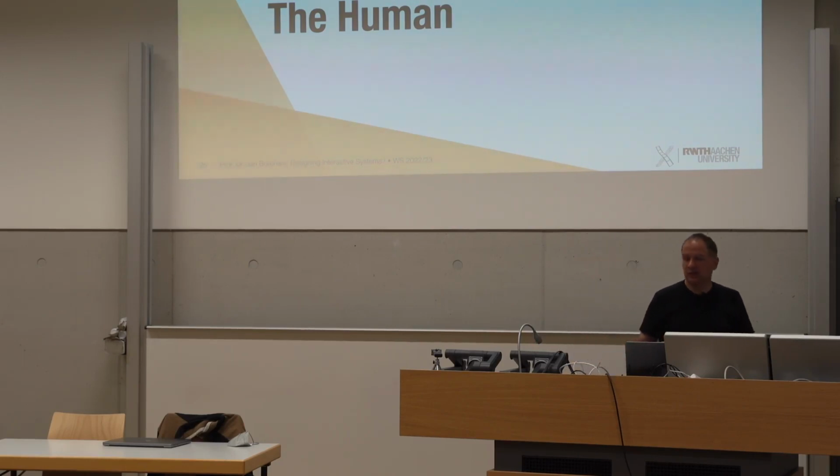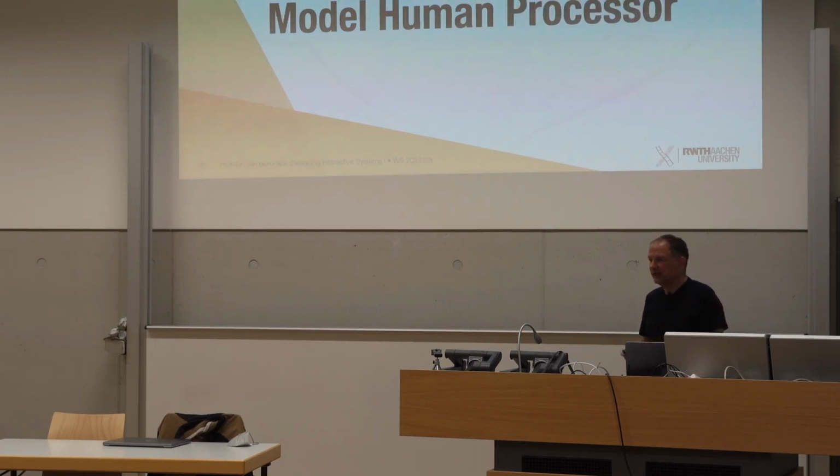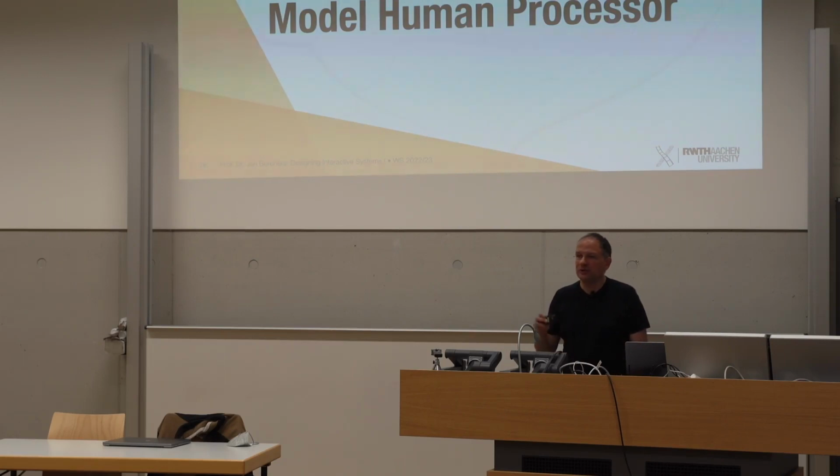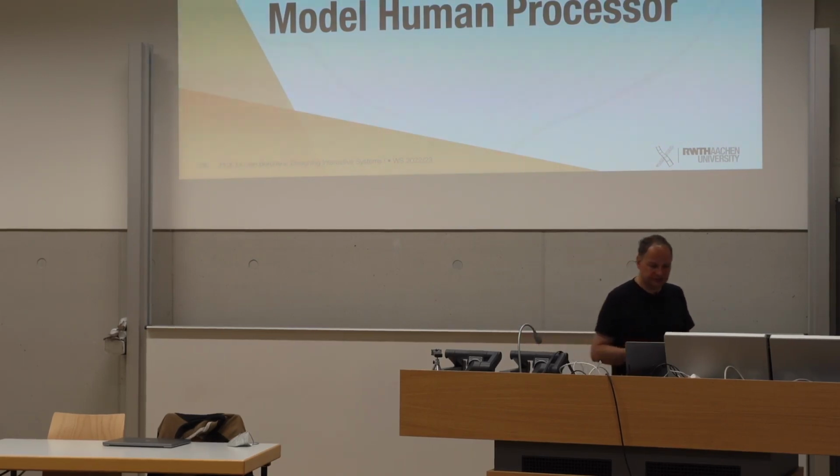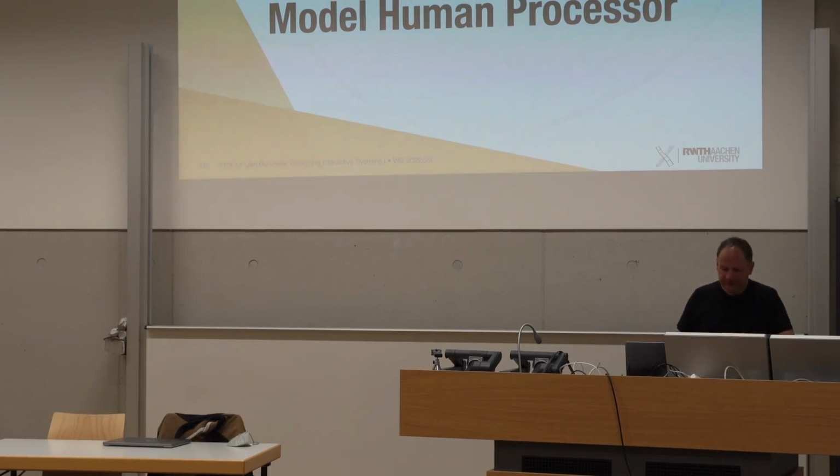And for that, there are a bunch of models. Let's start with a very simple one that's been around for a while, but is really helpful to predict fundamental human performance parameters. The model is called the Model Human Processor.